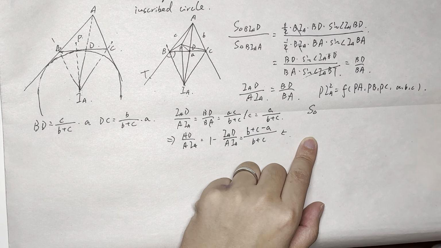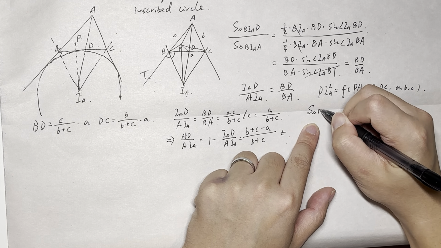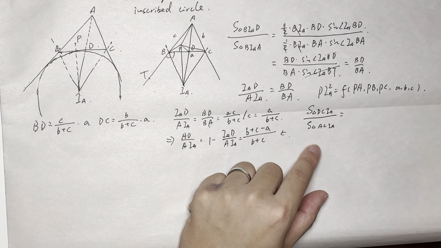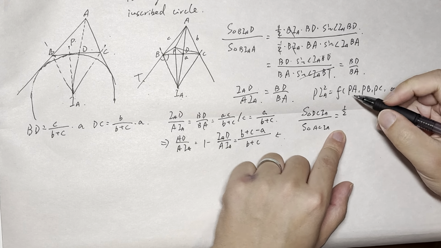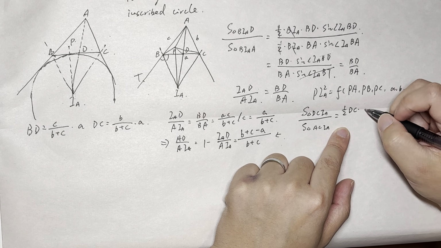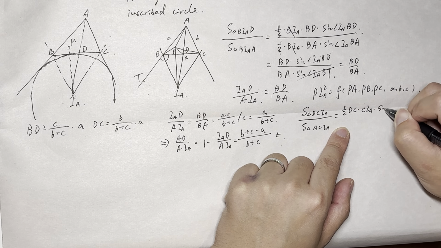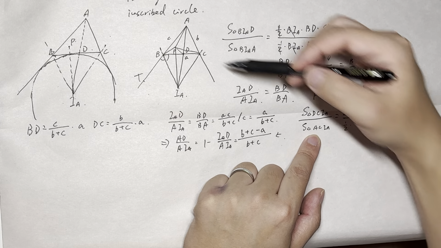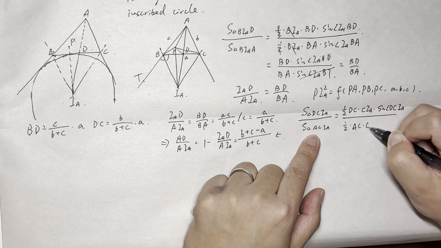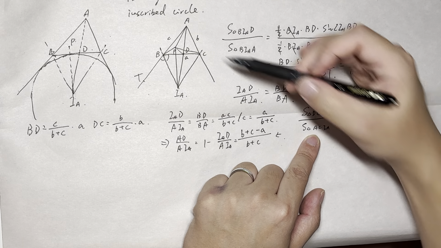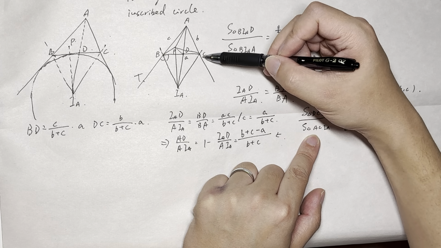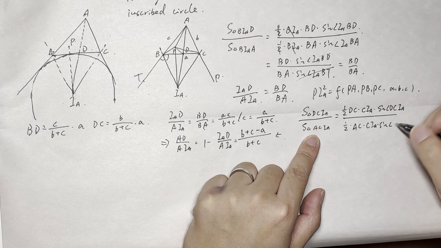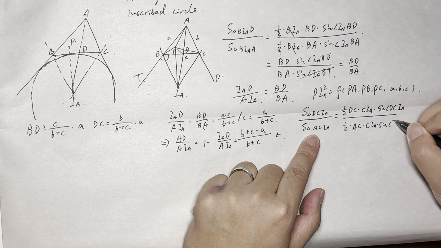The area of triangle DCIA to the area of triangle ACIA equals half of DC times CIA times sine angle DCIA, divided by half times, for the triangle ACIA, AC times CIA times sine angle IACP.